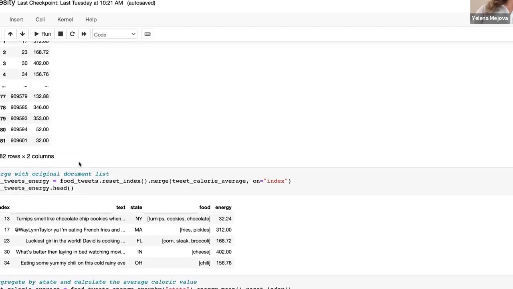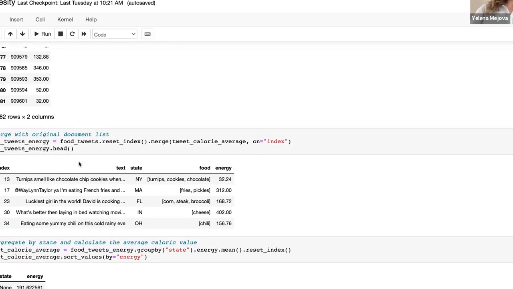So we have a bunch of numbers associated to tweets, and we can now get some real world comparisons. I think these are some of the examples. So fries and pickles, corn steak and broccoli, cheese, chili, and cheese is very heavy.